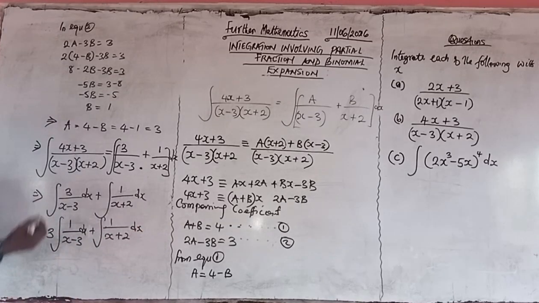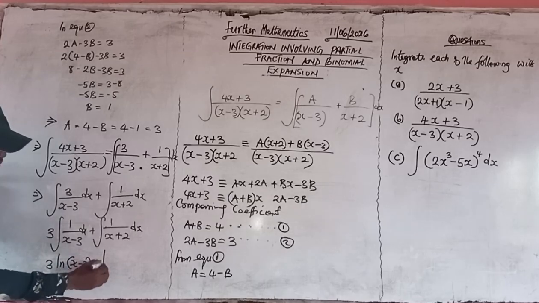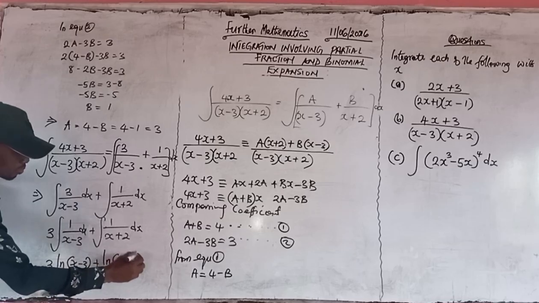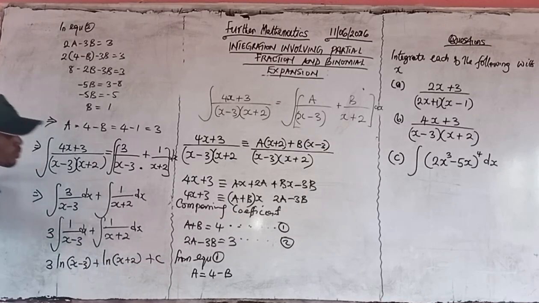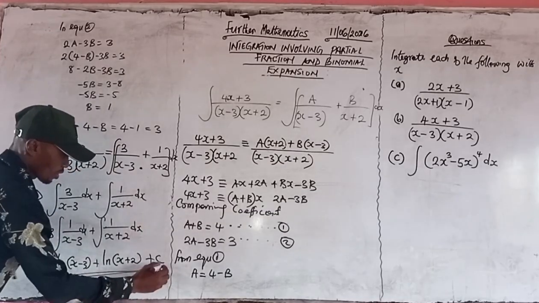So let's go ahead and integrate. We are going to have this as 3 ln open bracket x minus 3 plus ln open bracket x plus 2 plus c. And that is the integration of that function.